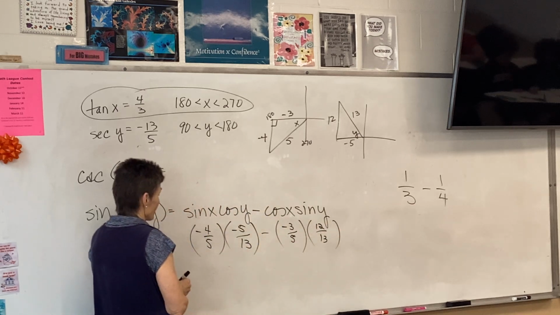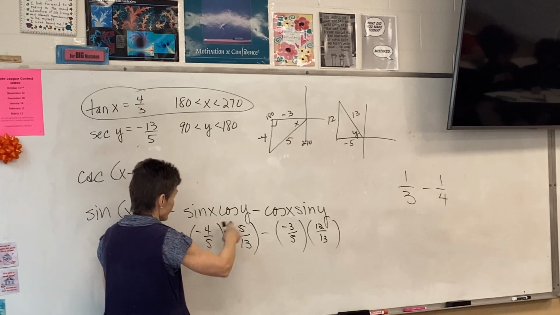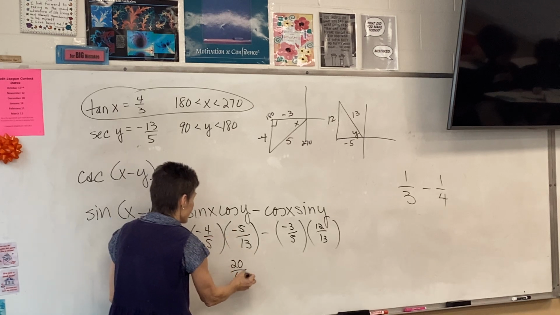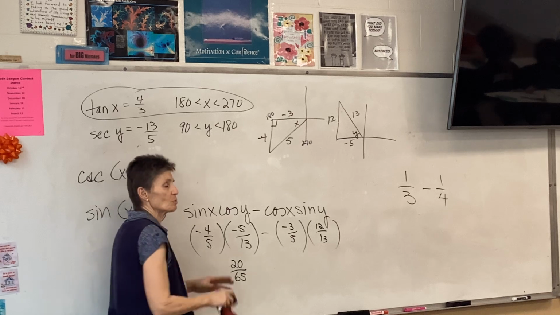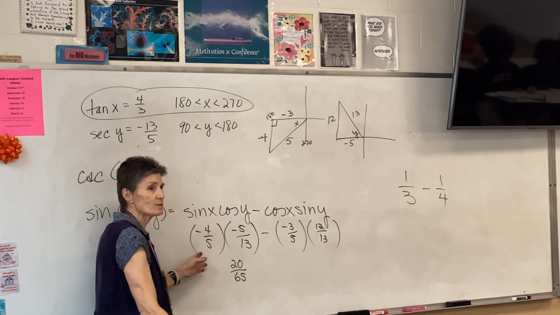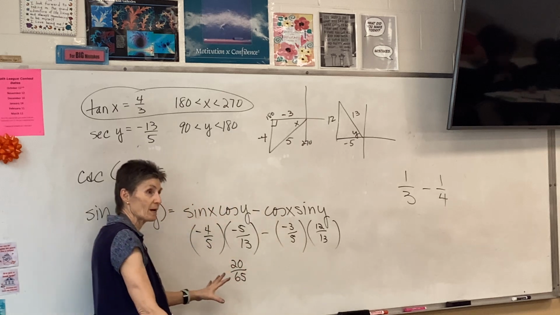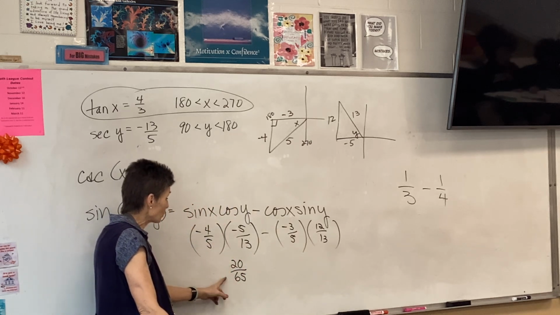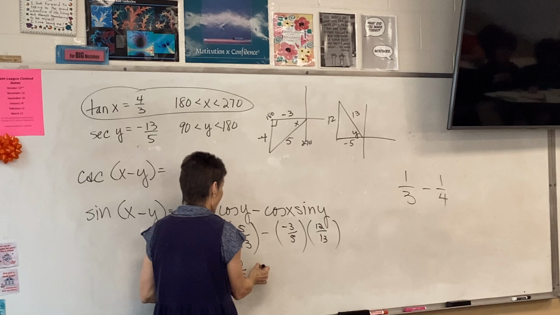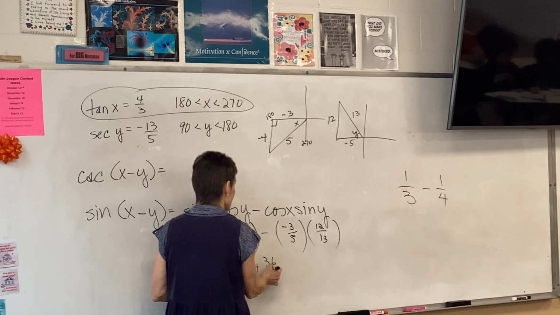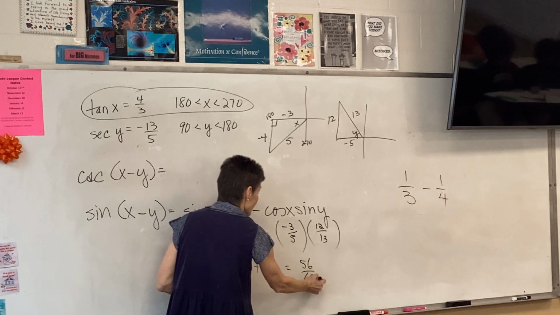So this is 20/65. And we talked about this, we did one before. I know that reduces, but don't, because you're ultimately gonna be subtracting, so you wanna keep that common denominator. So we have 20/65 plus 36/65, which is 56/65.